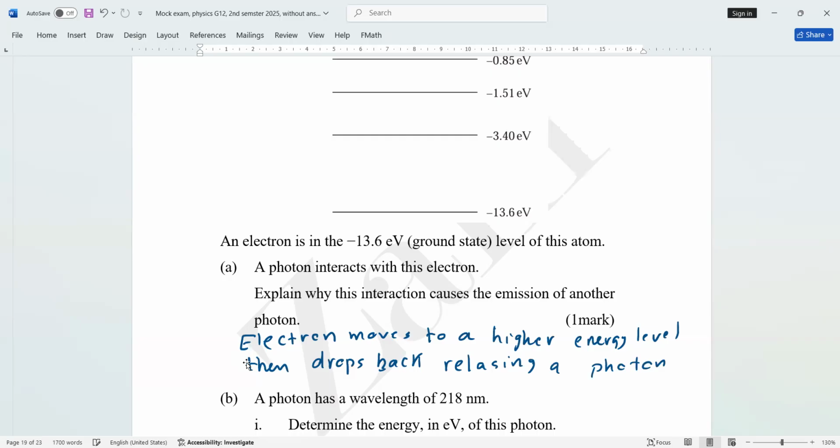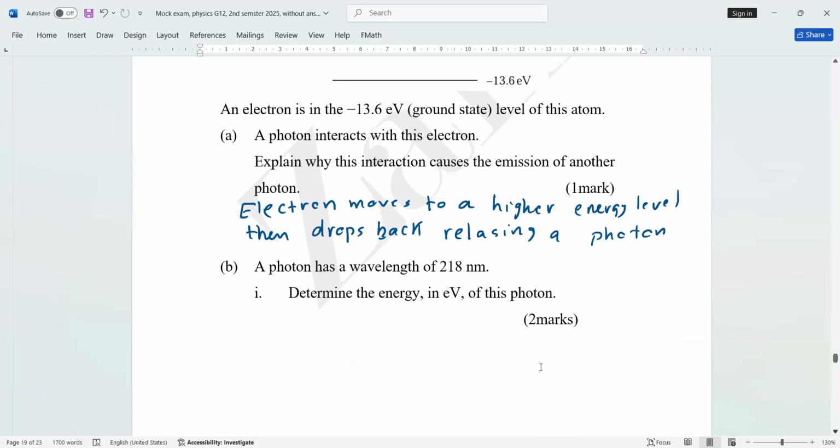Now, next question. It says a photon has a wavelength lambda equals 218 nanometer. We convert to meter, so 218 times 10 to the power negative 9 meter. Determine the energy of this photon.